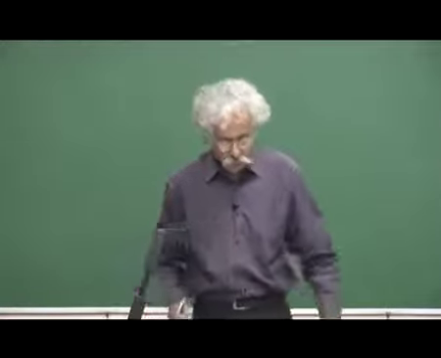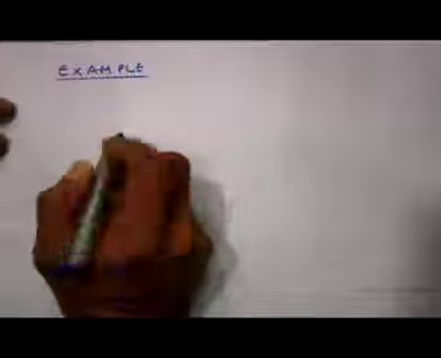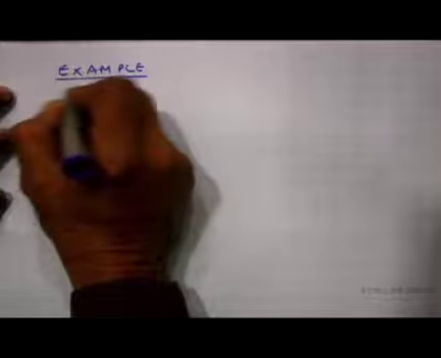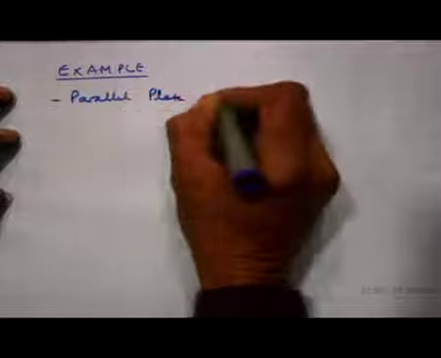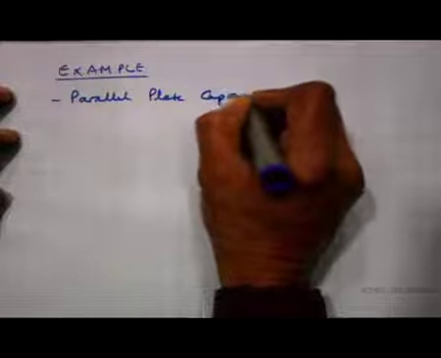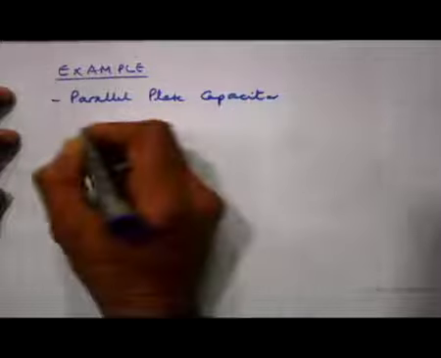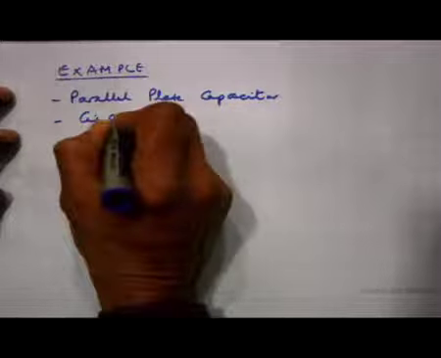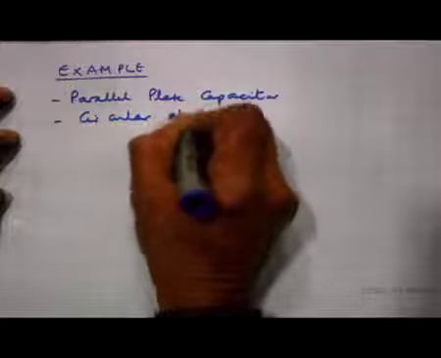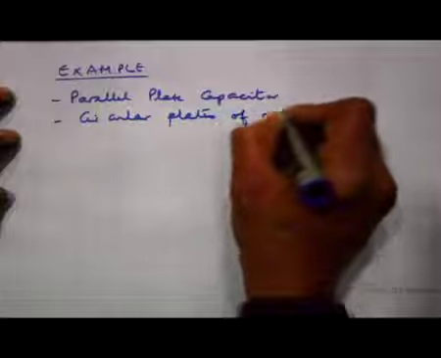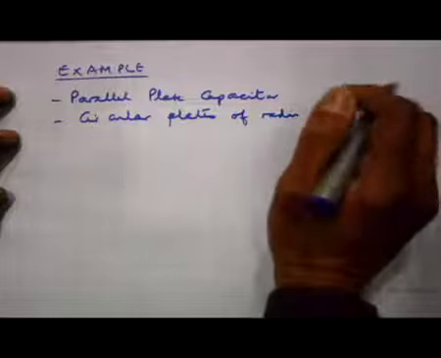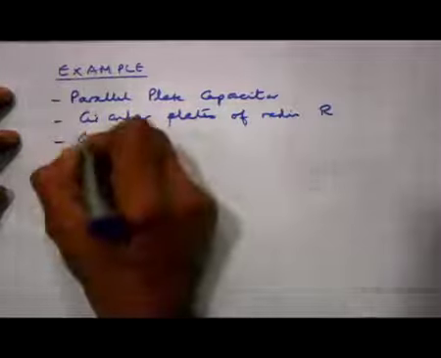Now, let me take an example. The example I want to consider is a parallel plate capacitor with circular plates of radii r, and the capacitor is getting charged.